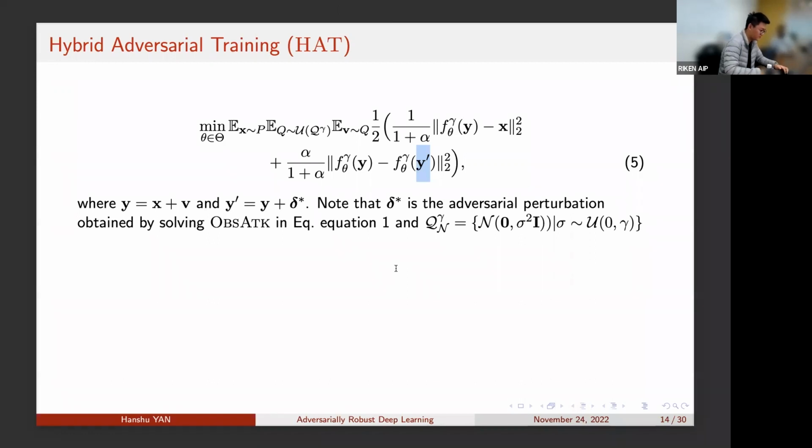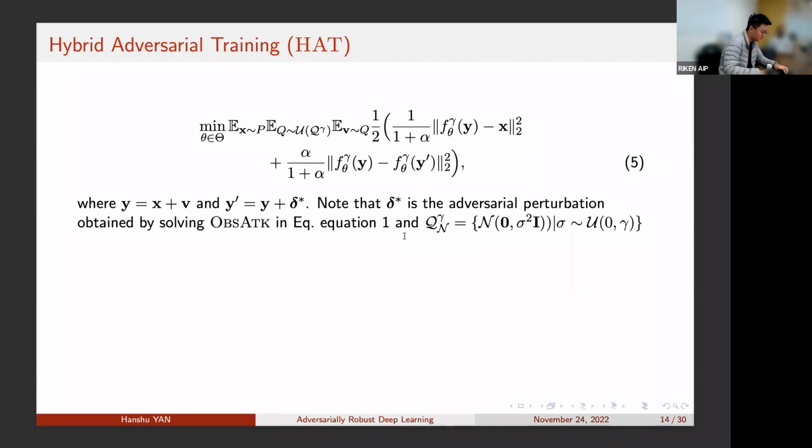We need to explore different combinations. For example, the vanilla HAT and other types of adversarial training study different kinds of combinations. We use the output with the ground truth or the output with the adversarial version. We do not know why this is better.